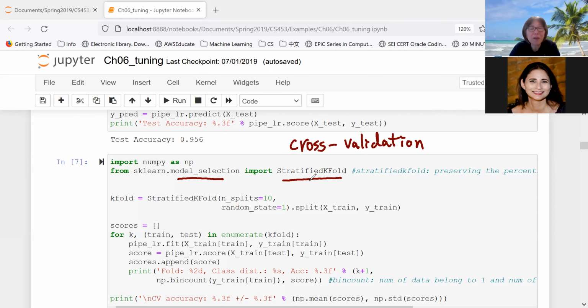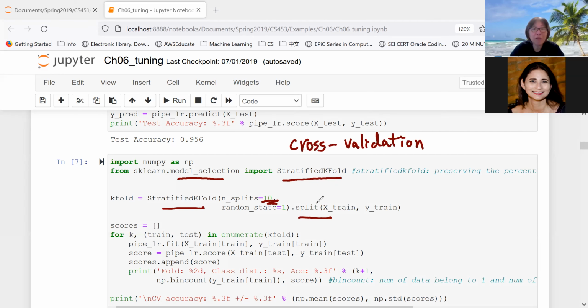In that case, when you do the split, you want to keep the ratio. So that's stratified. For this stratified k-fold, we want to have 10 folds, then you can do the split.